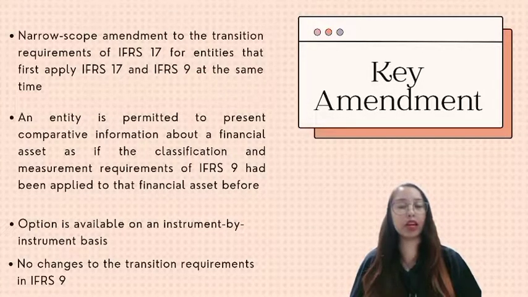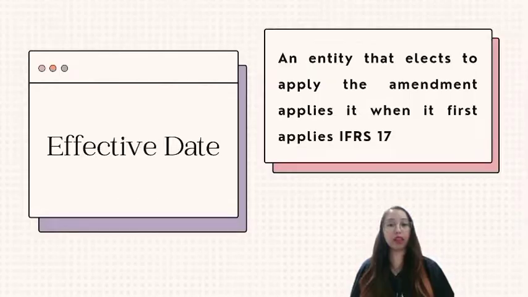Sa pag-a-apply po ng classification overlay sa financial asset, hindi po required si entity na i-apply yung impairment requirements ni IFRS 9. Sa amendment po na ito, wala daw pong changes sa transition requirements sa IFRS 9. Sa effective date naman po ng amendment, kapag si entity daw po ay pinili niya na i-apply yung amendment, i-apply niya daw po ito sa initial application po ng IFRS 17.